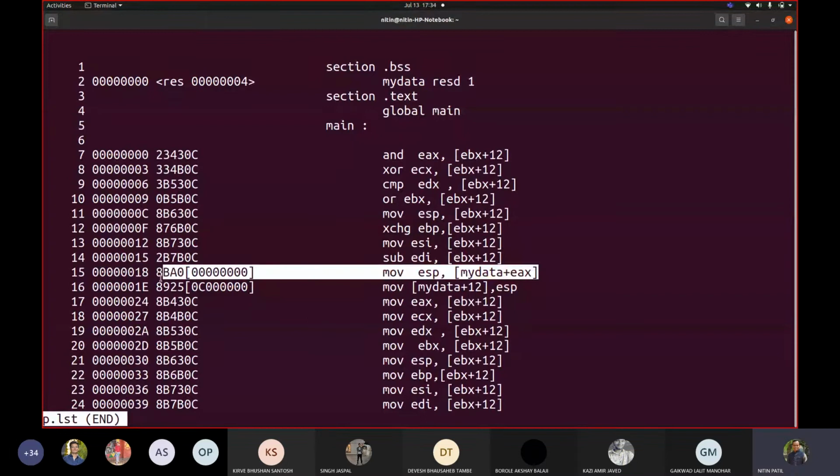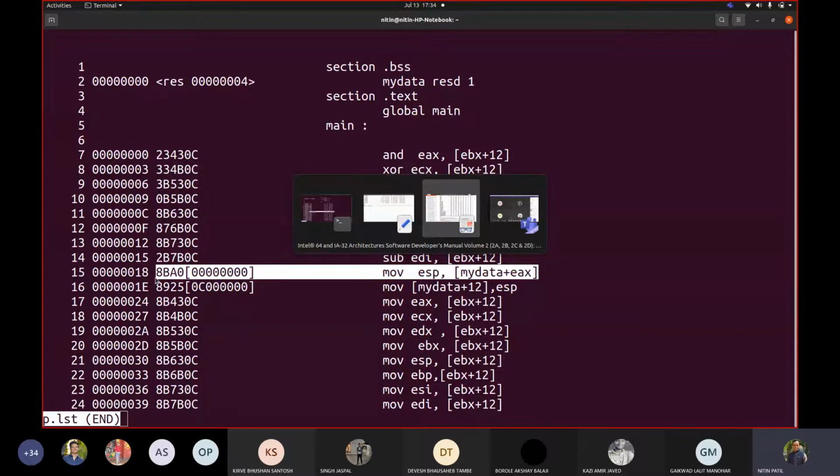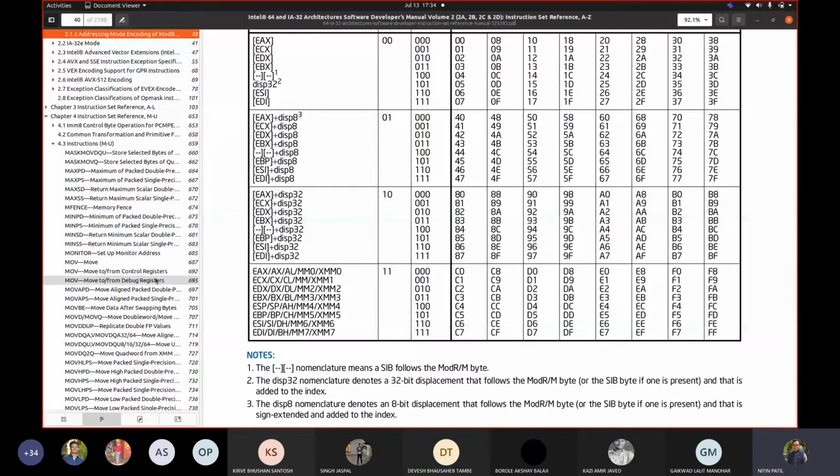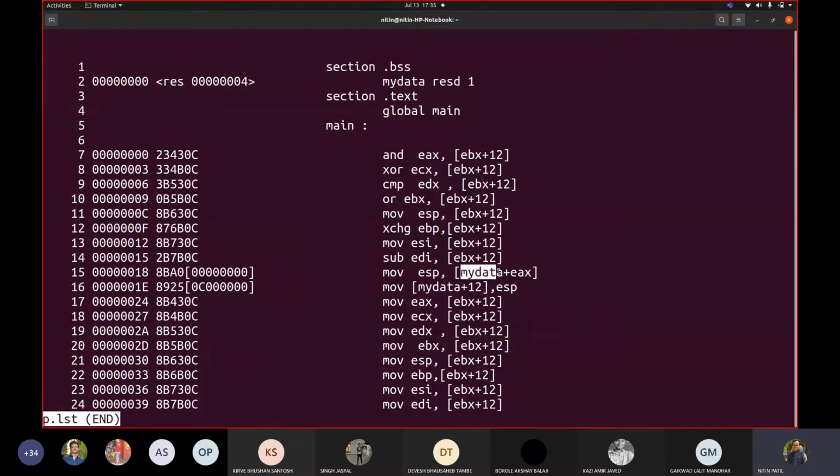Is it changed? It is showing us A0. Again, it could be like for our mod 10. So where is A0? We are getting it somewhere here, because this EBX is added with displacement. Because my data is treated as what? You can see the instruction. My data is treated as the displacement with this register value.